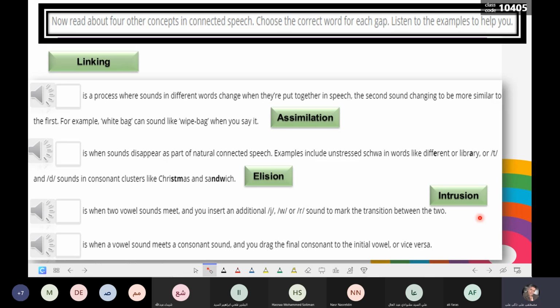Have you noticed the word I and the word always? The word I is a vowel, and always starts with the letter A, which is a vowel. So we can say I always. What happens here, we add a yah sound, so I say I always.